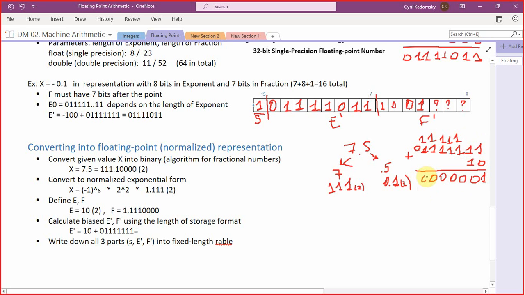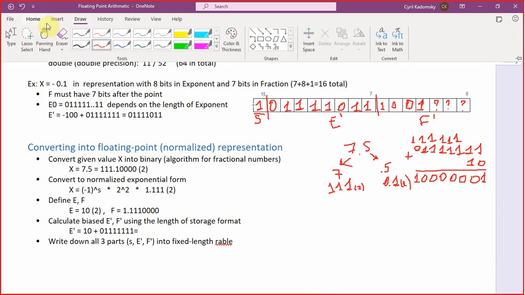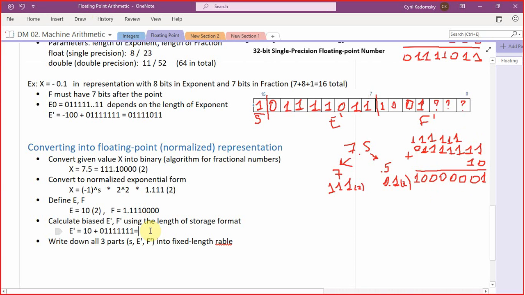Here we have 10, carry, 1 plus 0 is 1. And actually this is the result of the biased exponent: 1, zeros, 6 of them, 1.